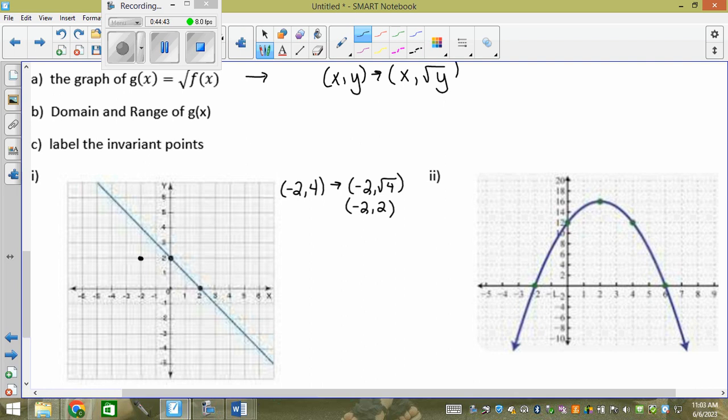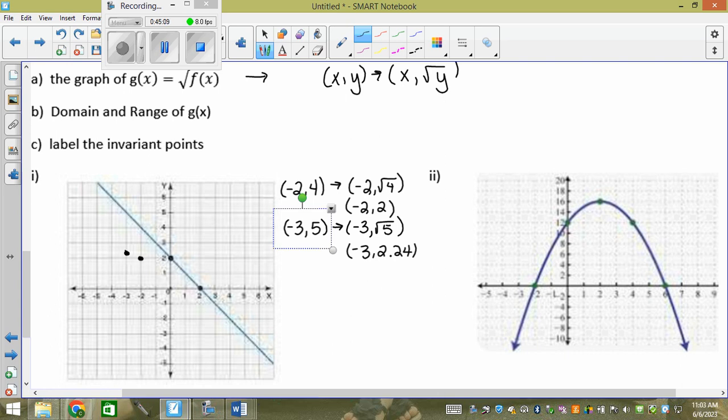I could do -3, 5. I could go sequentially instead of randomly like I'm doing here, which is -3 and root 5, which is going to be a decimal. So it's going to be negative 3 and 2.24. I don't know, somewhere like there.